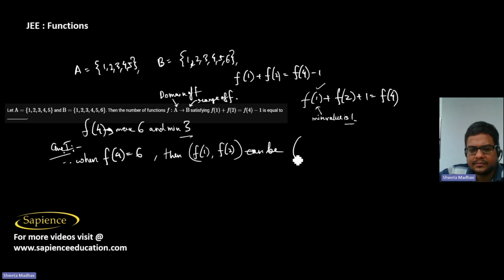So then how can it be 5? It can be 1 comma 4 or 4 comma 1. And f of 1 and f of 2 can also be 2 comma 3 and 3 comma 2.